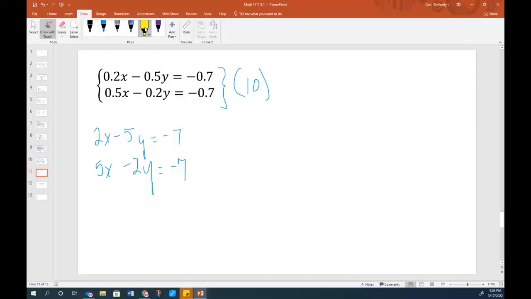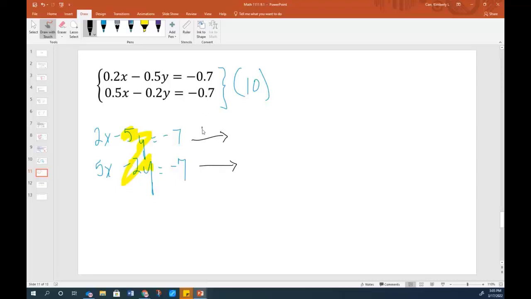And then you pick a variable that you want to eliminate. It makes no difference. I'm going to eliminate my y's. So now I want to say, okay, what do I need to multiply by so that I get opposites in front of y? Well, 2 and 5 both go into 10, so I'm going to use 10 and -10 as my opposites.